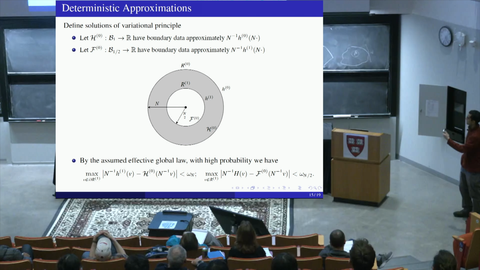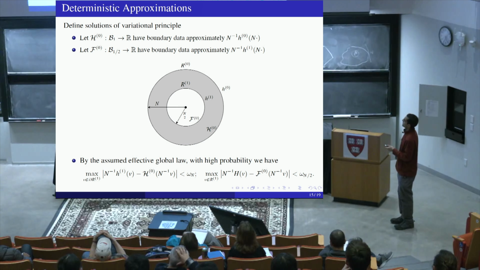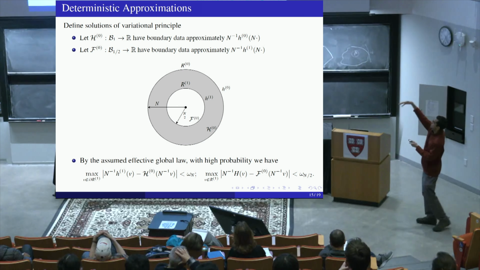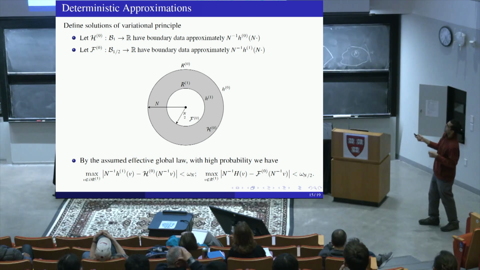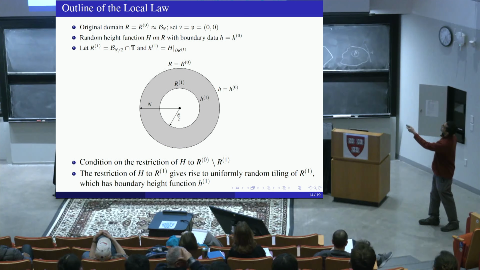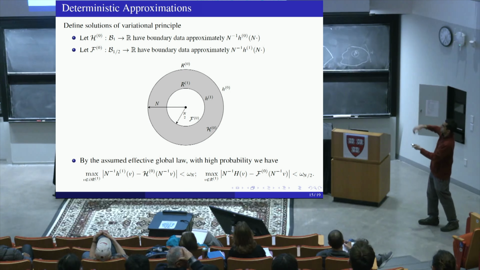Okay, and what this effective variational principle says is, first, since h1 is coming from the original height function, I know that this h1 is close to h0, right? It's close to the solution of the variational principle of the big domain, because h1 by definition is coming from this capital H. This capital H has an effective variational principle. It's saying that capital H is close to h0.